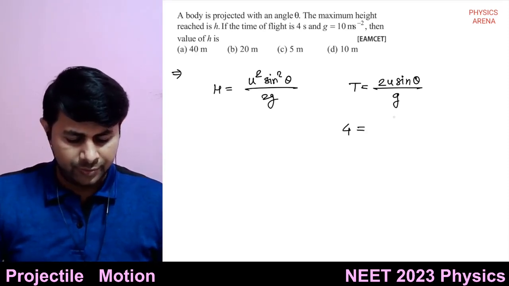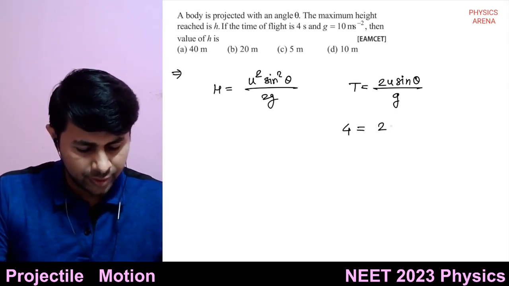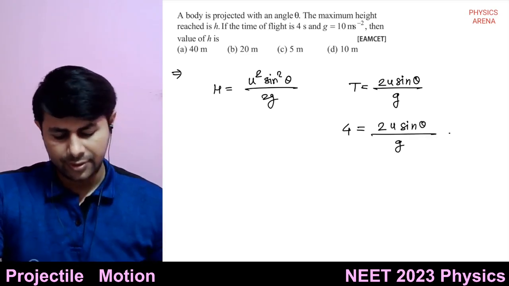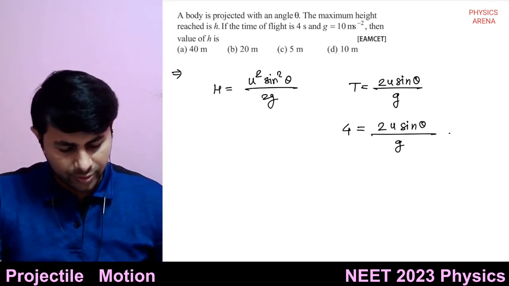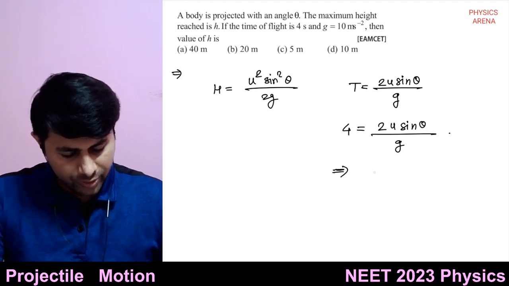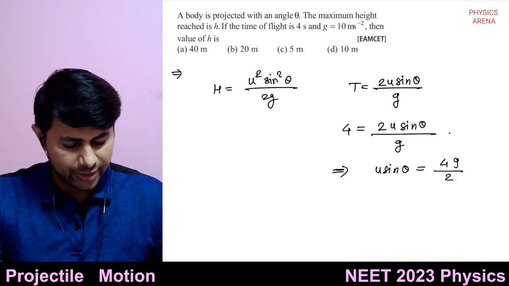4 is equal to 2u sine theta divided by g. Now can I substitute? From that, u sine theta is equal to 4g divided by 2.